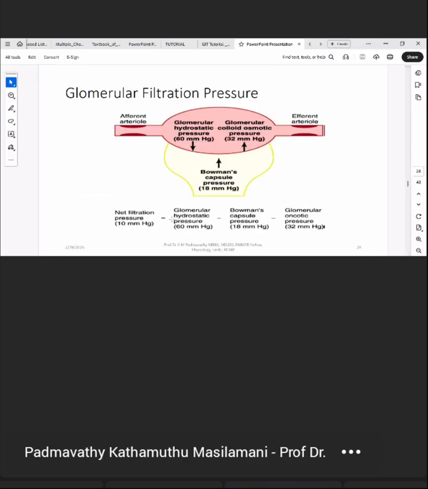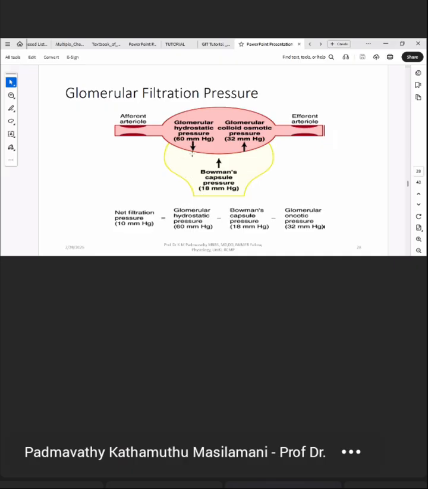So there are different pressures that determine the glomerular filtration. The glomerular filtration is similar to the cardiovascular system capillary filtration also, but here we are having the glomerular filtration. The hydrostatic pressure in the plasma and the oncotic pressure is here. The Bowman's capsule pressure is there, but usually Bowman's capsule doesn't have any oncotic pressure because no protein is filtered here.